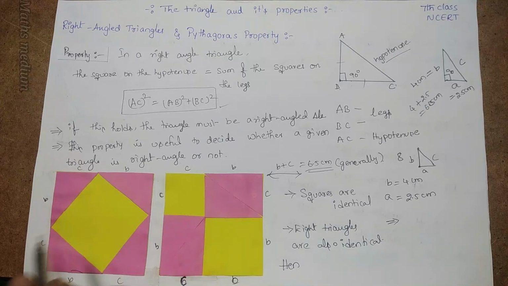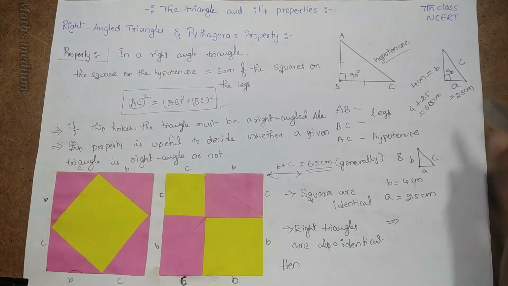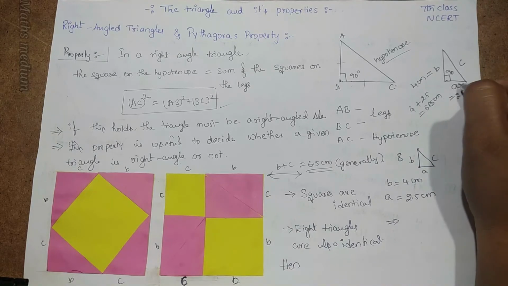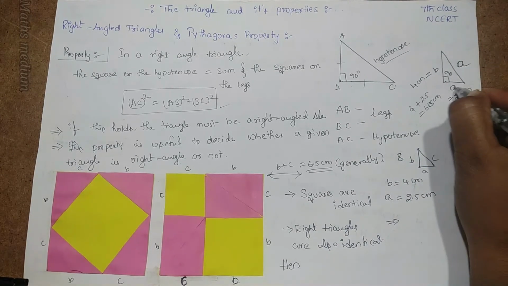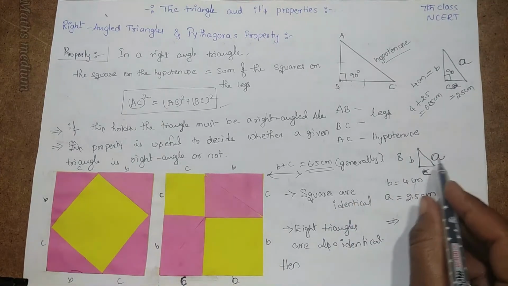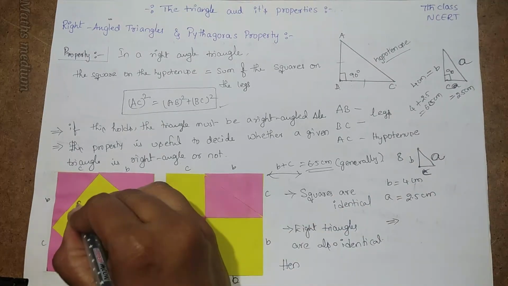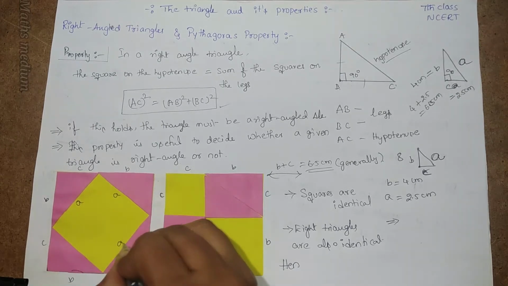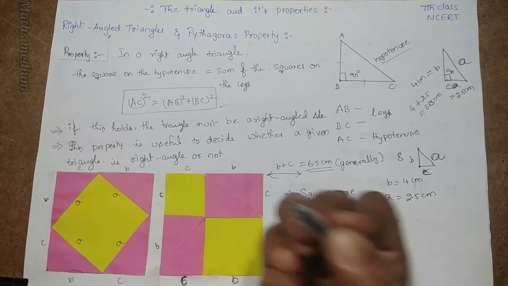From this, see, we arrange all 8 triangles like this. Here I took the side as C, sorry, here it is A, here it is C, here also C, this is A. Now see, the hypotenuse is A, here A, here also A, and finally here also A.